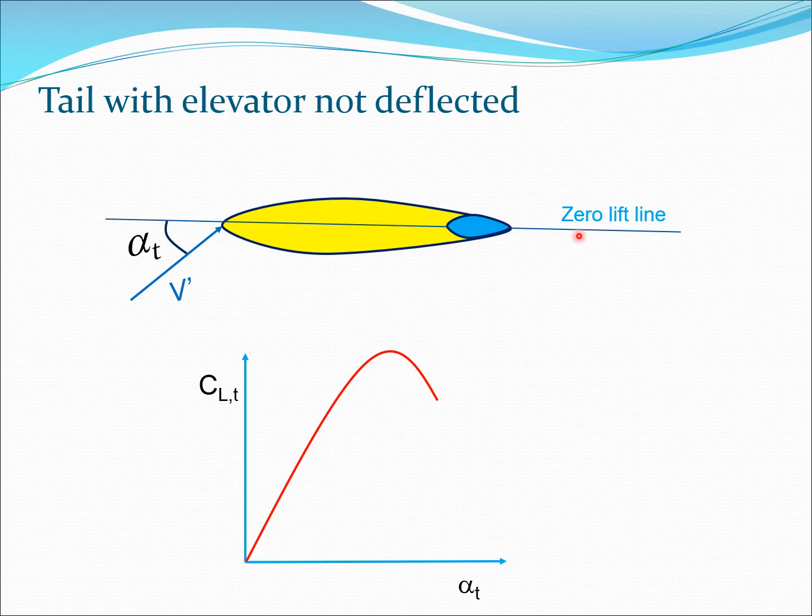So essentially it is at zero deflection. So in this kind of case, the CLT versus alpha t plot would be the typical lift curve here. And because we are considering the zero lift line, of course, it goes through the 0 point, because that's the way we have actually defined alpha t with respect to the zero lift line. So remember, this is the absolute angle of attack for the tail.